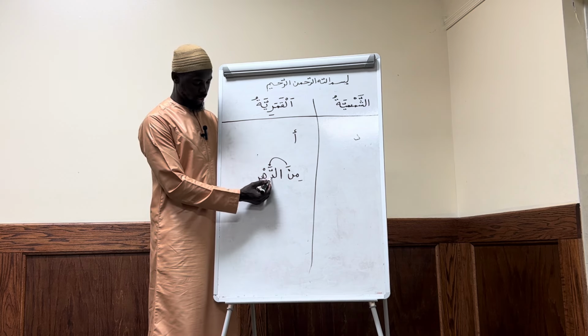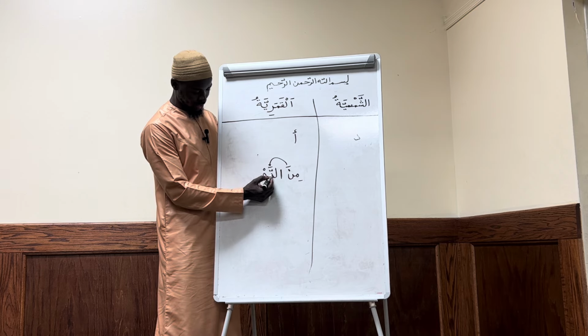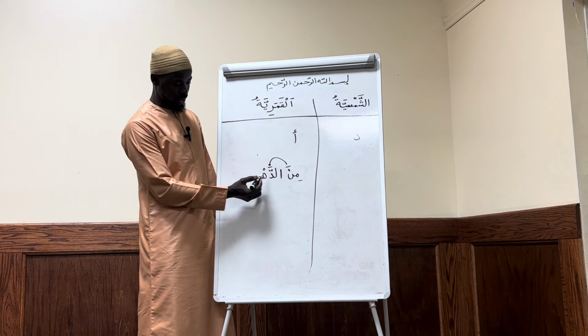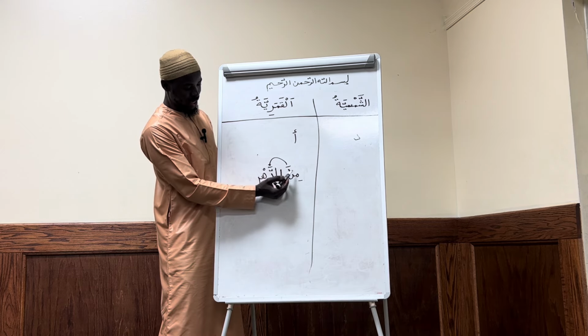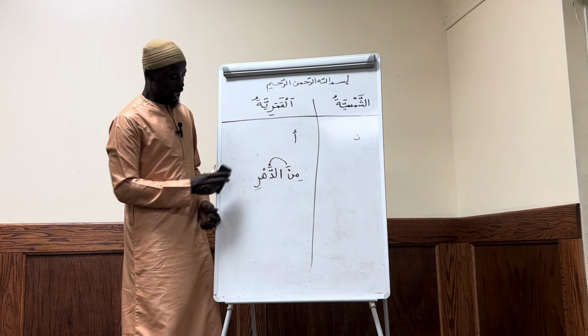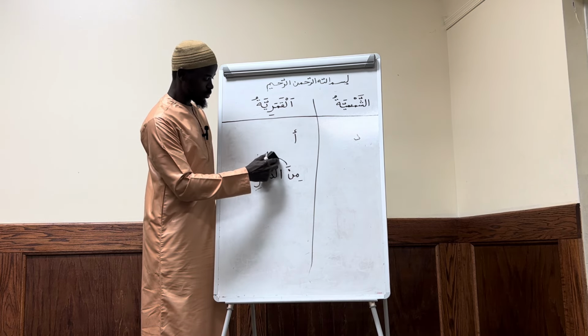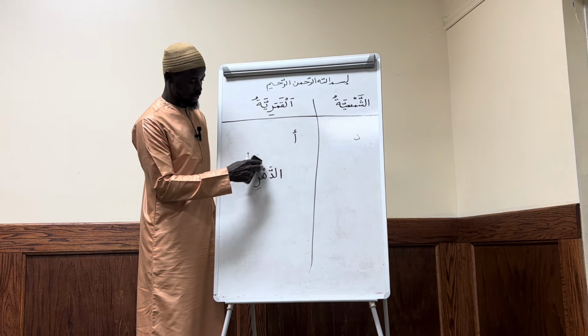Why do you skip this and this? Because of the sun letter here. Because of the shadda. That's why you have to skip this and this. So mina hinun mina dahri. But if there is no mina, how are you going to read this?